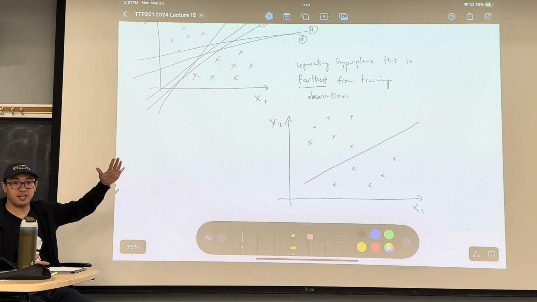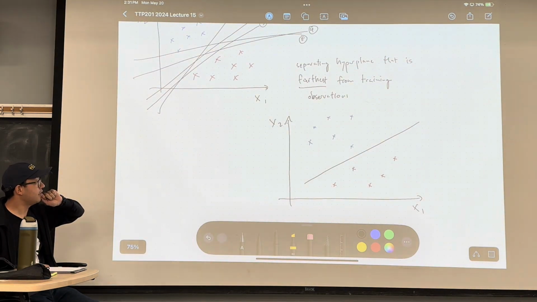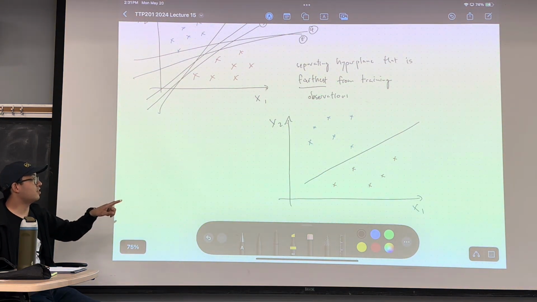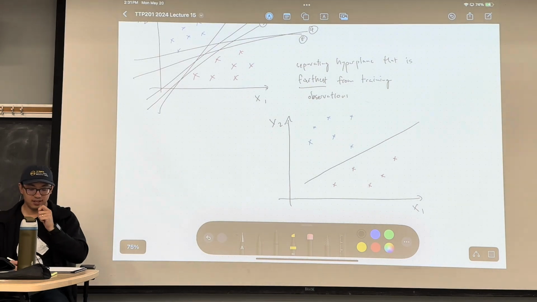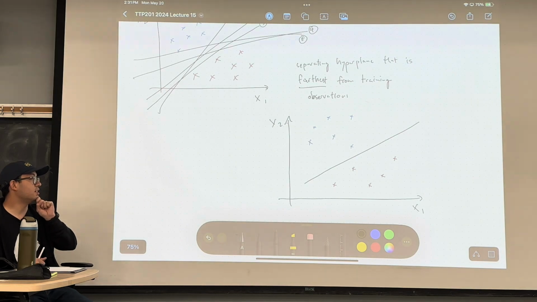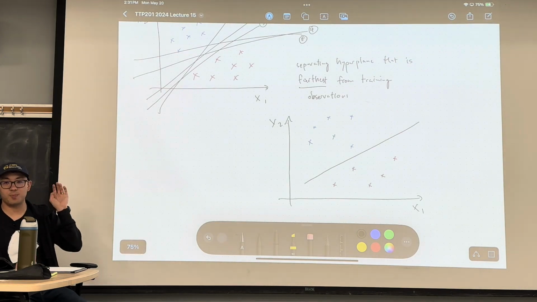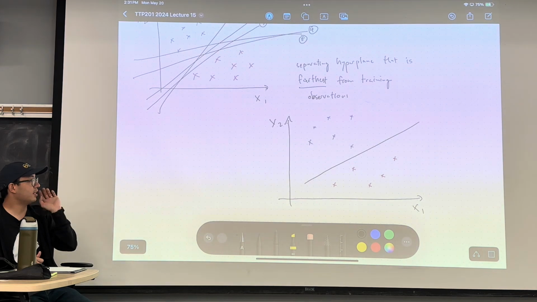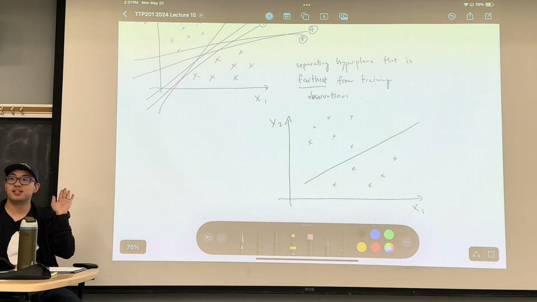So I have a hyperplane, and the way that you actually measure the distance is via something called a support vector. Okay, that's where the support vector comes from. A support vector is, imagine that your points are being held up by pillars that run perpendicular to your hyperplane.